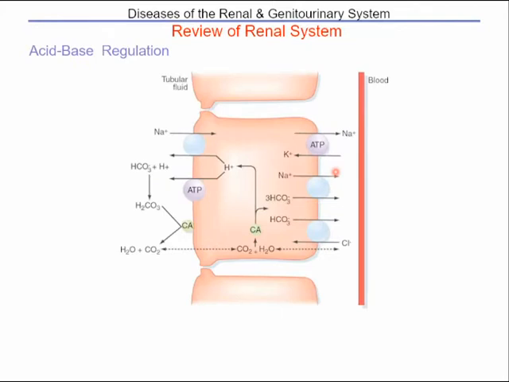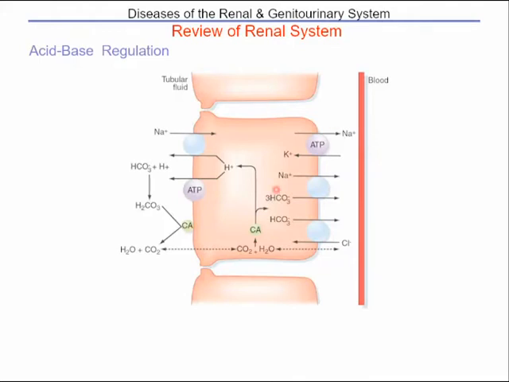Now, let's take a closer look at the mechanism by which your bicarbonate is recycled in your tubules, and how it is able to eliminate hydrogen ion, the excess acid, from the body. The cellular mechanism by which hydrogen ion and bicarbonate are transported across the apical and the basolateral membranes of the proximal tubules is illustrated in this schematic figure.